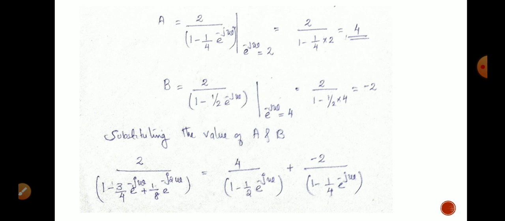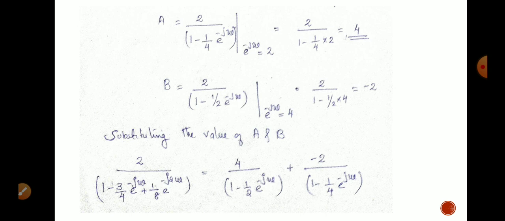On substituting e raised to minus j omega equal to 2, we get 2 by 1 minus 1 by 4 into 2, so we get A as 4. Similarly, B equals 2 by 1 minus 1 by 2 e raised to minus j omega. On substituting e raised to minus j omega as 4, we get the value of B as minus 2. Then substitute the values of A and B in the given equation.